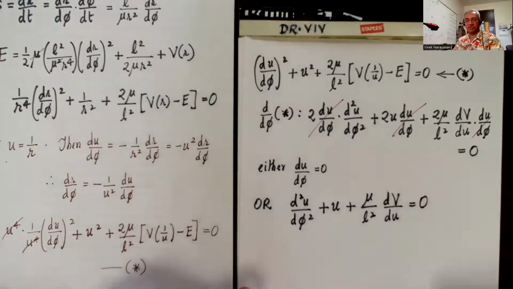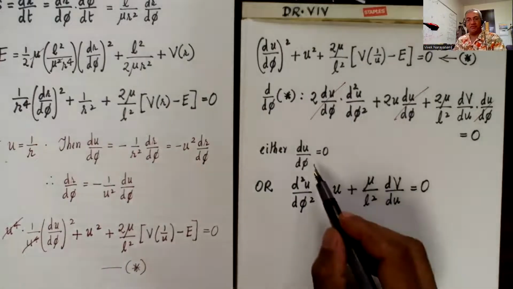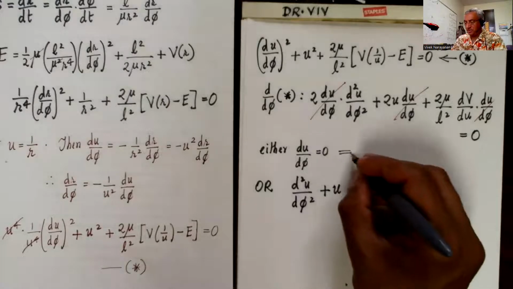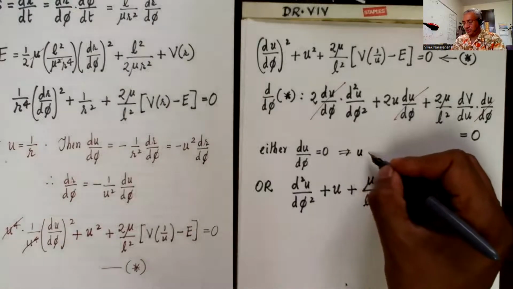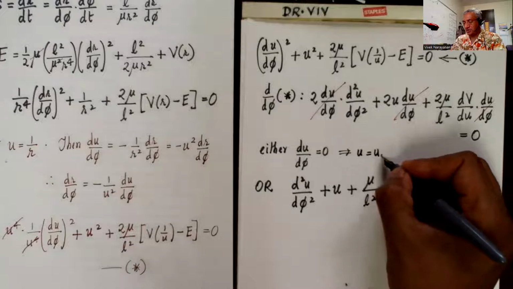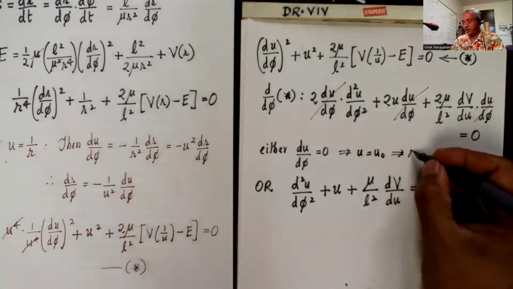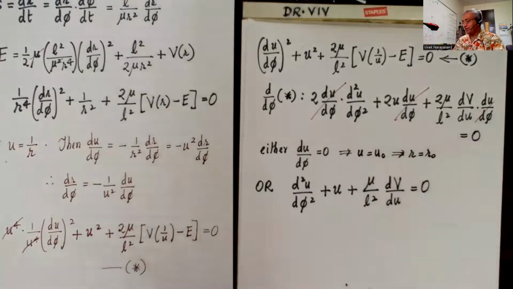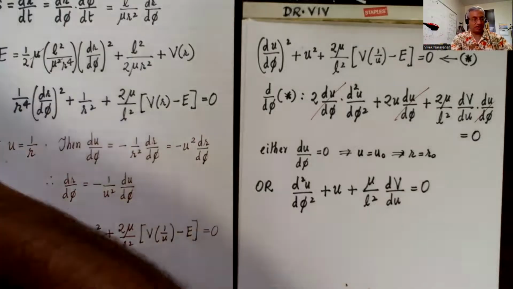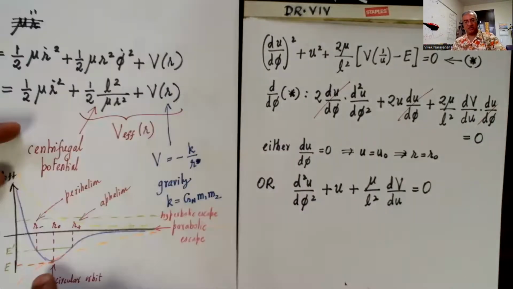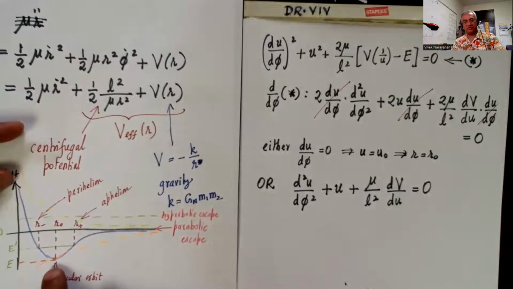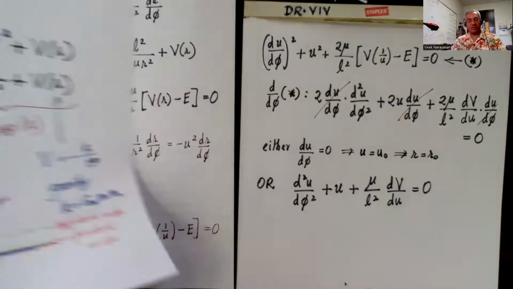So these are the two possibilities. Du over d phi equal to 0 means that u is constant. And if u is constant, it means r is constant. That is your famous circular orbit. That's the lowest energy case. Okay, so we've recovered the circular orbit case.